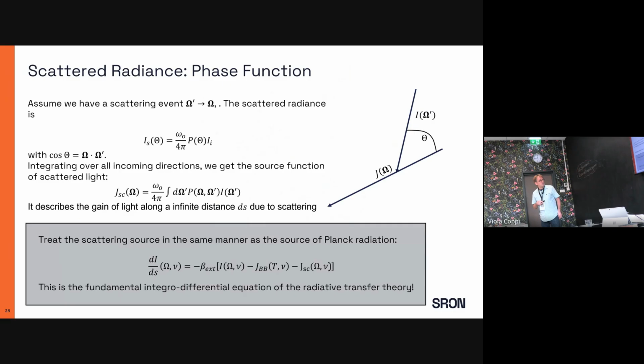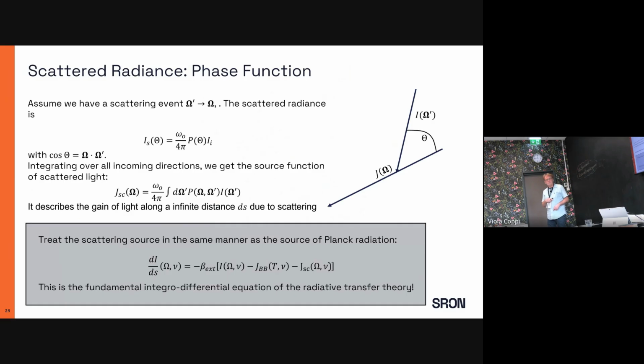We have one quantity, omega naught, the single scattering albedo, which is important in the scattering medium, that describes the probability that the scattering event really happens, right? And then there's another function, the phase function, which describes that this is happening in a certain direction. And we calculate these quantities now from the Maxwell theory.